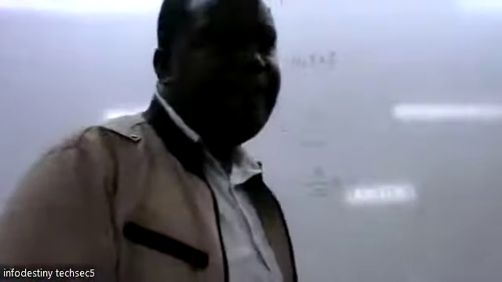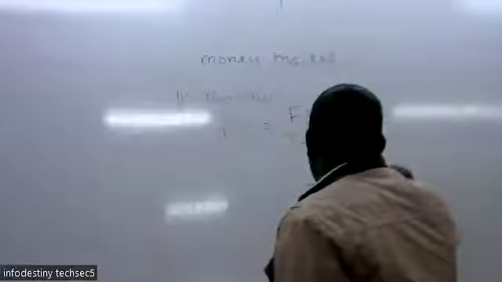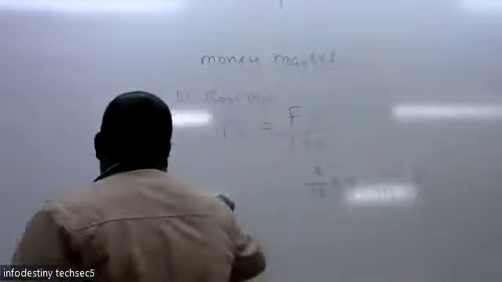So for the 3 months, what will be that interest rate? Because 9% is per annum, but we are only borrowing it for how many months? 3 months. So how much will it be? What will be the percentage? 2.25.